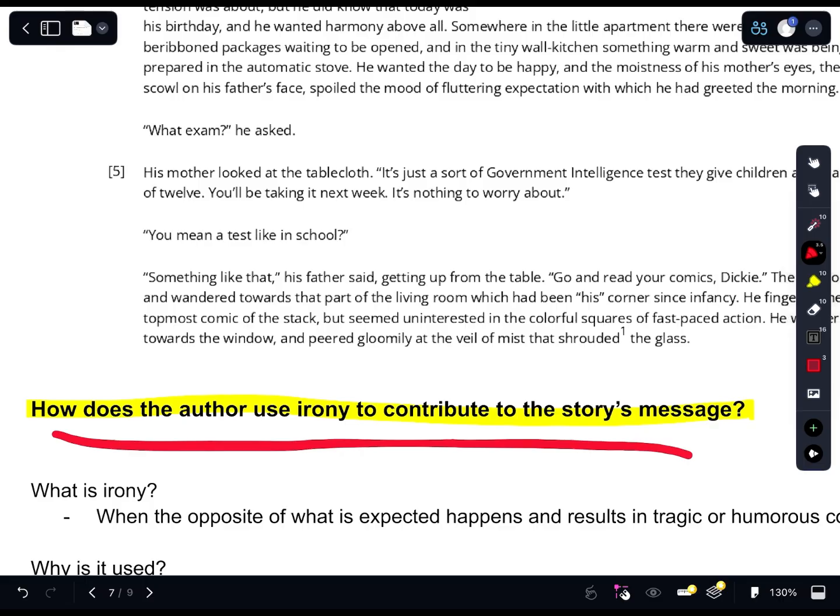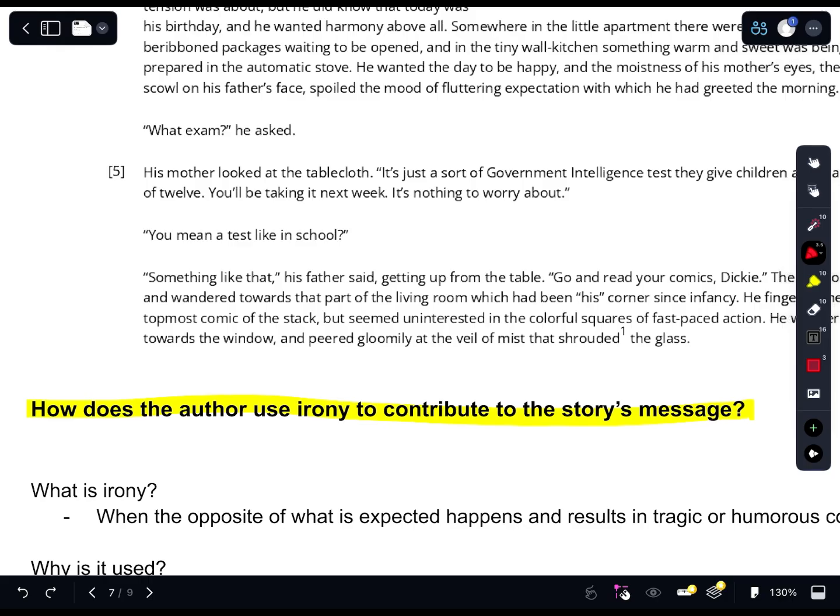So someone could use irony in their writing to make the message, to make the theme become more obvious, almost become very visceral for the reader. It really shouts to the reader. They can really see it. So I've had a few students do this question, and I can see that it's difficult. And even for me, this is really difficult to just directly, logically answer.